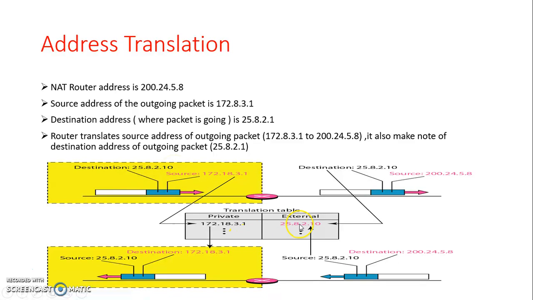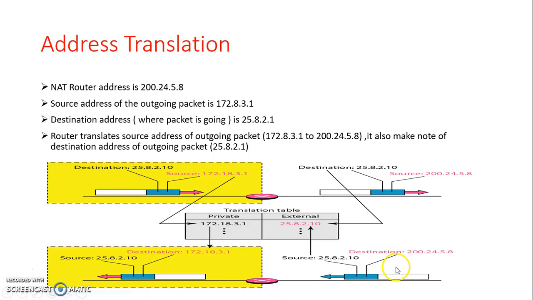Now when the response or acknowledgement comes from the destination address, to the NAT router box address, that is this address, 200.24.5.8, the router uses the stored destination address of the outgoing packet as the source address of the incoming packet, that is 25.8.2.10, to find the private address of the packet.